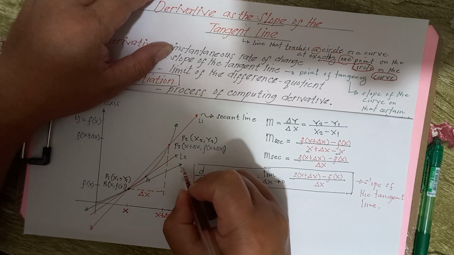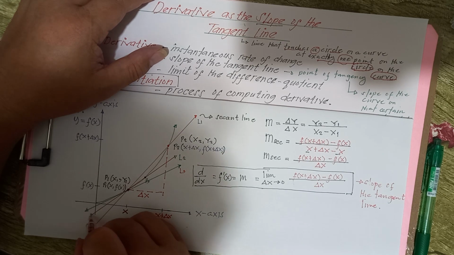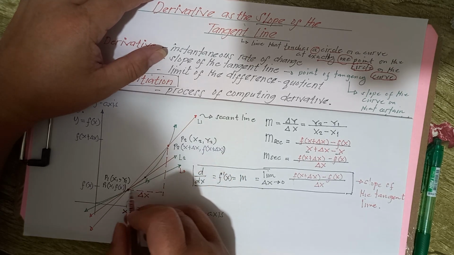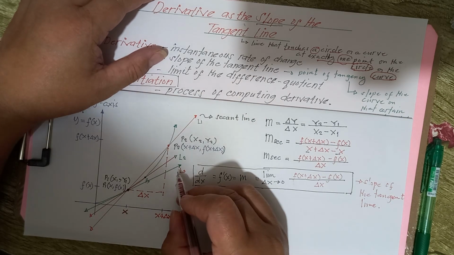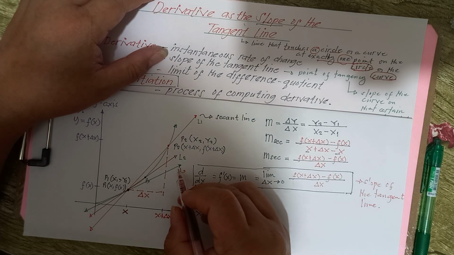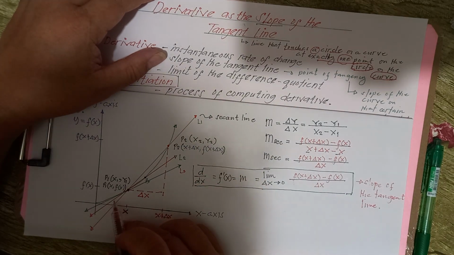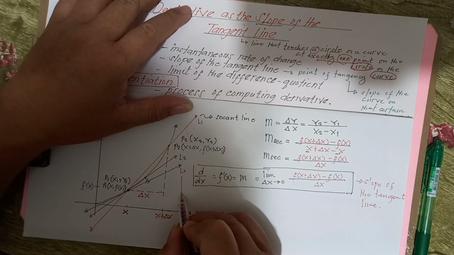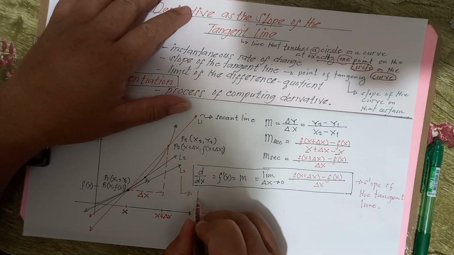I will make use of another color so that you will notice that line 3 will only be touching what? It will only be touching point 1. So notice that when it will only be touching point 1, then we can say now that line 3 is considered to be what?